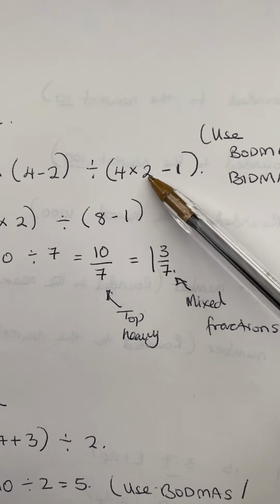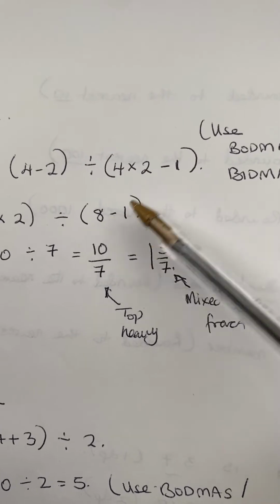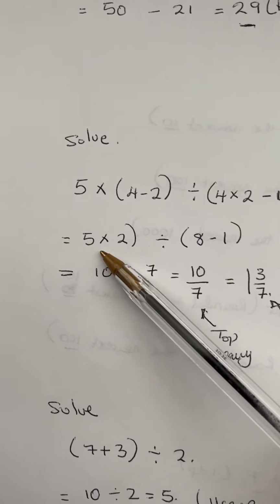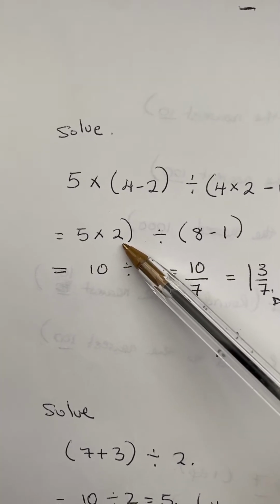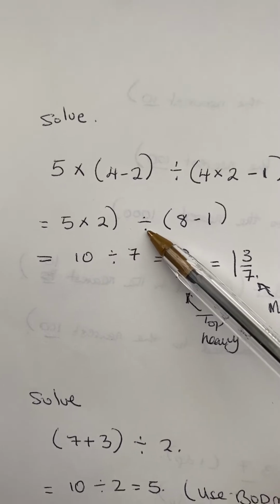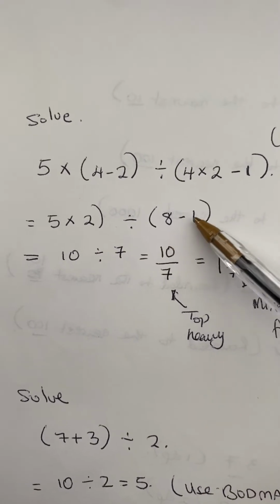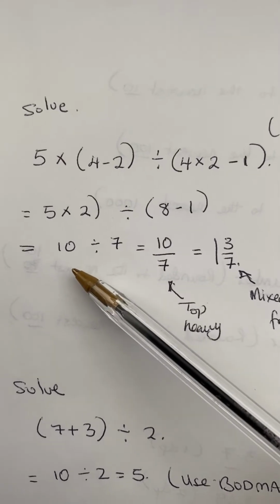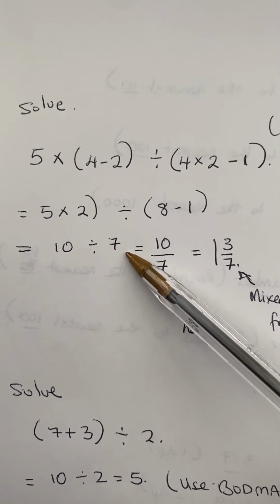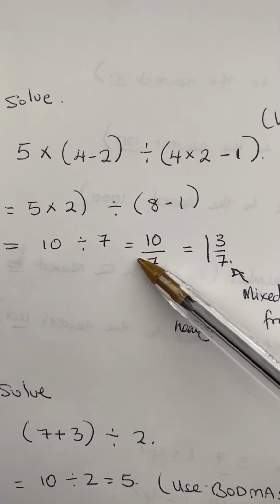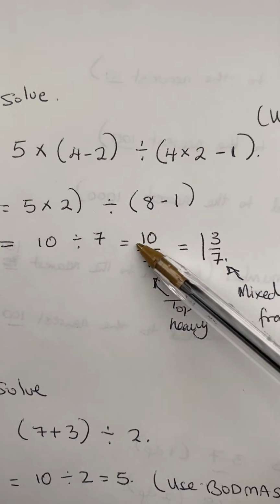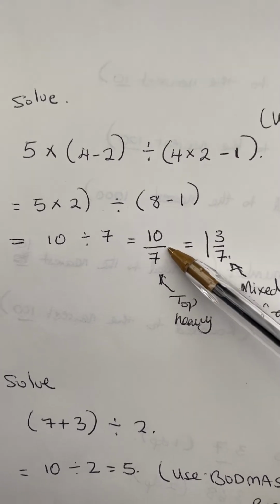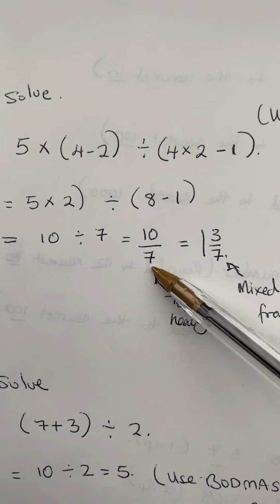So 4 times 2 is 8 minus 1 there. So now we have 10 times 2 divided by 8 minus 1, which is 7. So now 10 divided by 7 equals, in fraction form, 10 over 7.